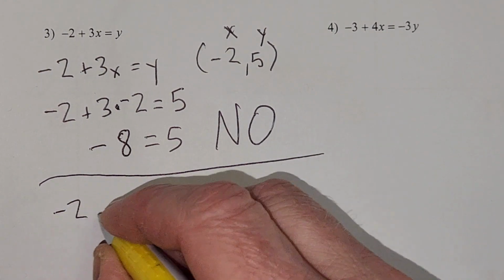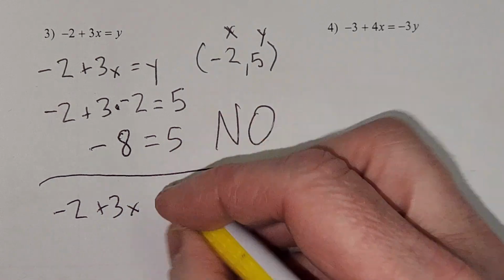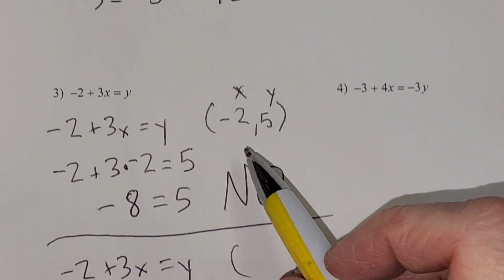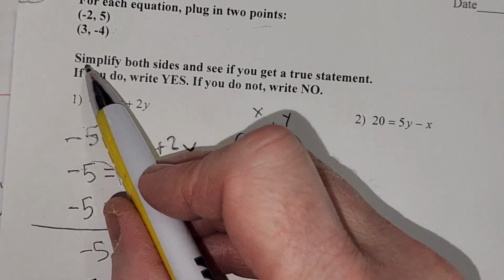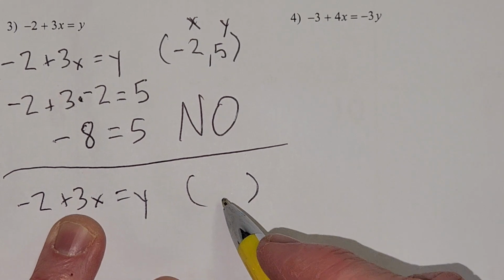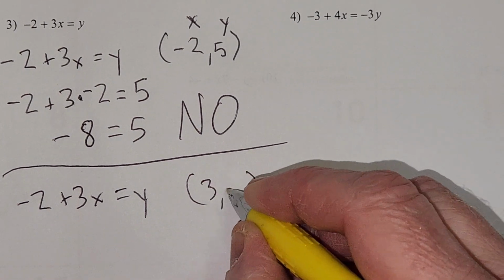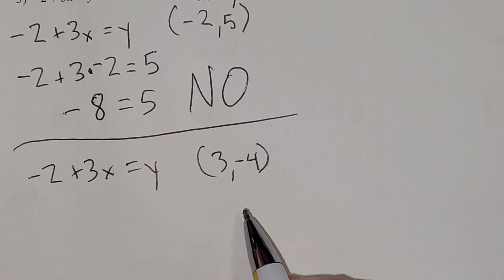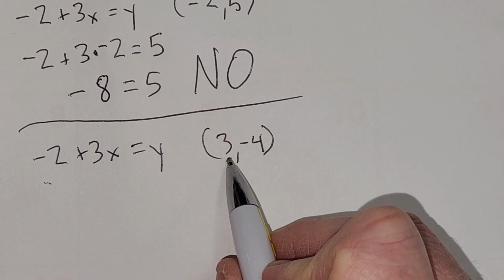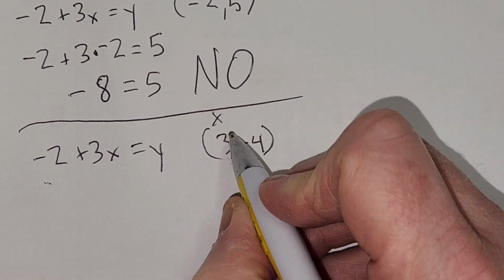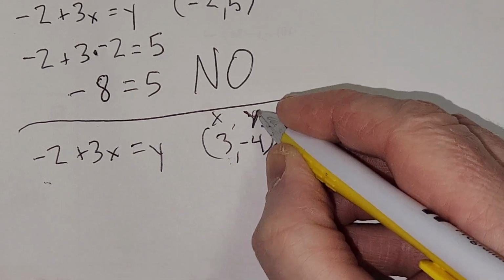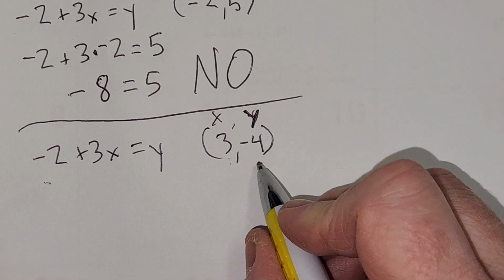So we've got -2 plus 3x equals y. What point are we trying now? (3, -4). So wherever I see x, I'm going to write a 3. Wherever I see a y, we're going to write -4.